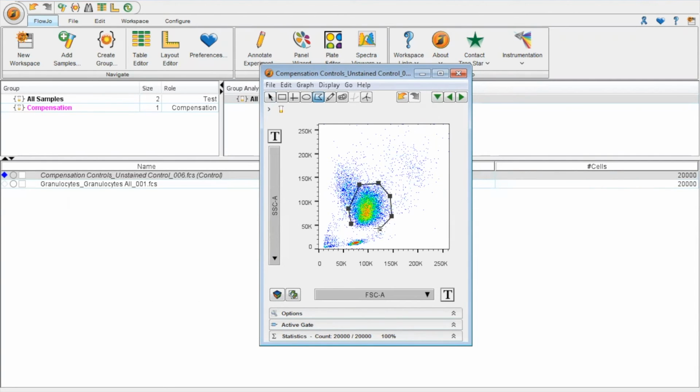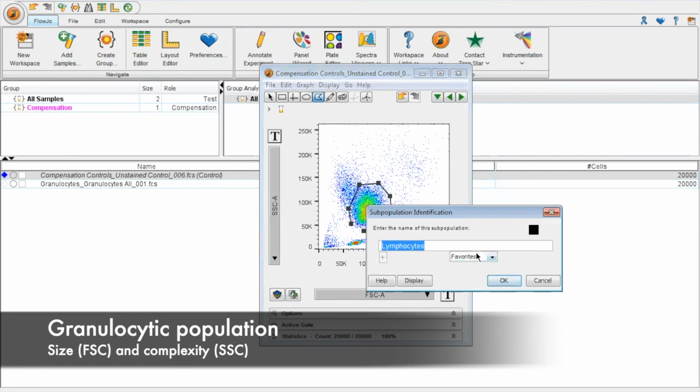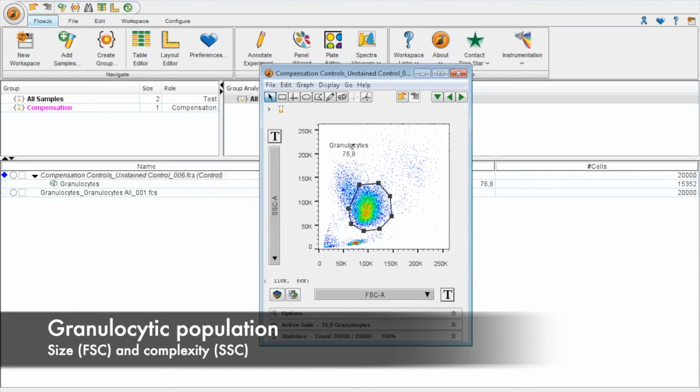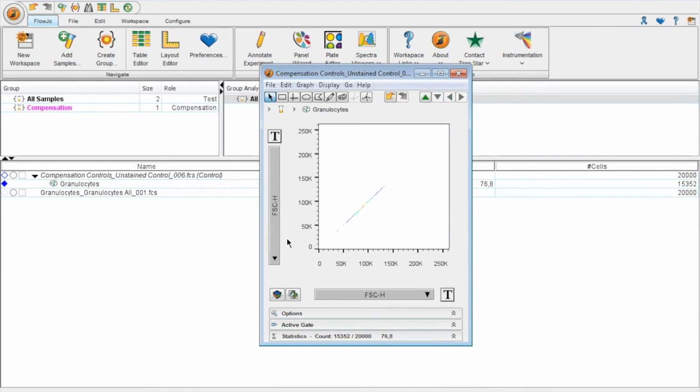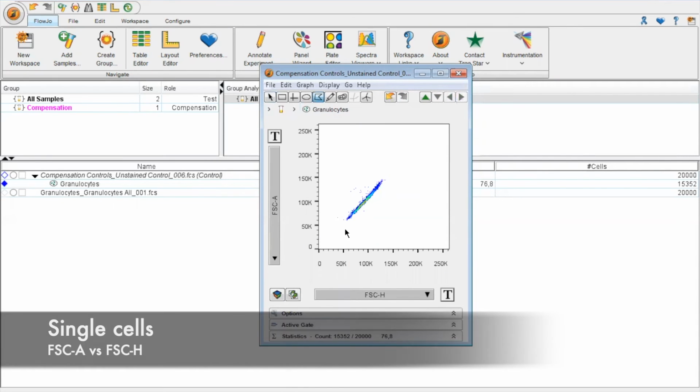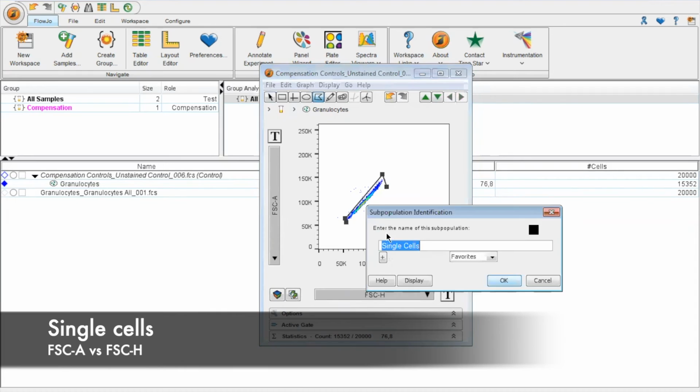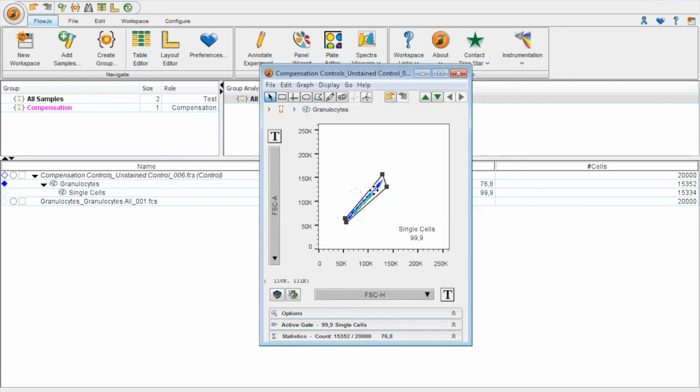Here we have a purified granulocytic population. We have to plot the unstained population using forward and side scatter parameters. This will allow us to separate the population by its complexity, and once we have this population, we have to take only the single cells. We do this by using forward scatter area versus height.